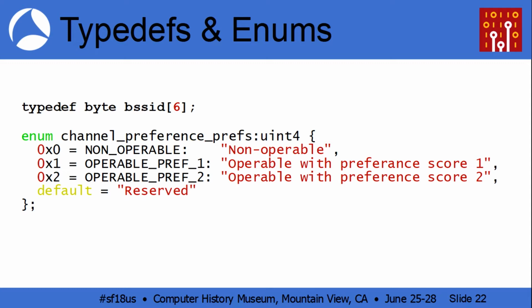This, however, is an enum, and this is the channel preferences, the preference values, and I've specified that as a uint4, although I'm not sure that I'm actually checking that carefully at the moment. And then here you specify the numbers that are associated with strings that would appear in the middle pane, in the detail pane, for each of those values.